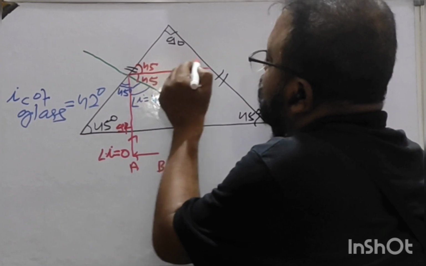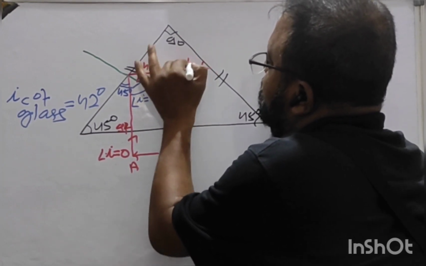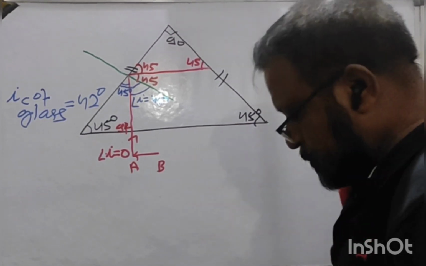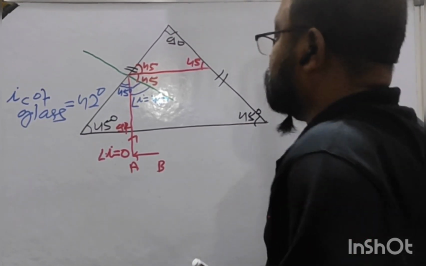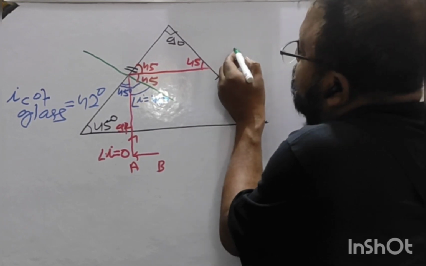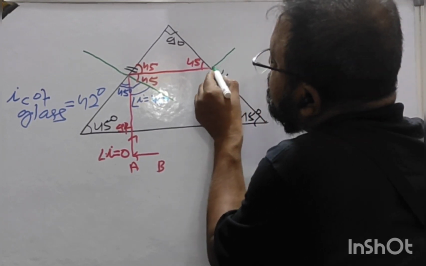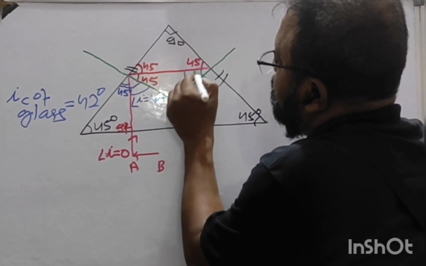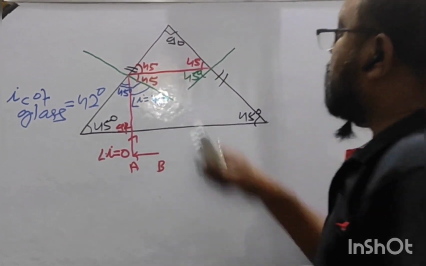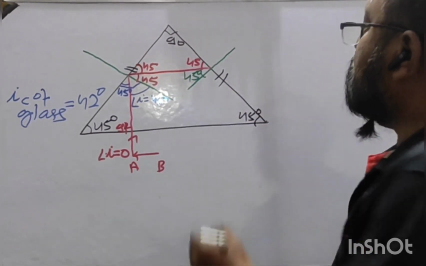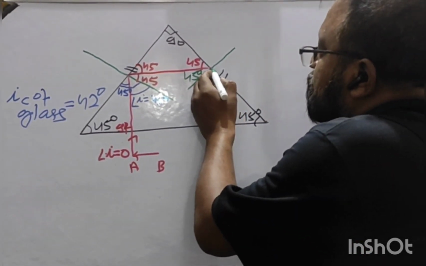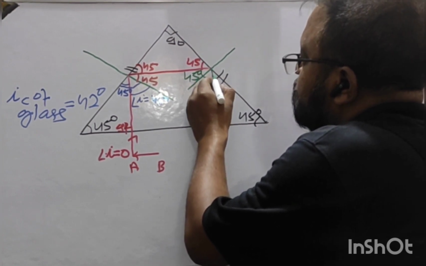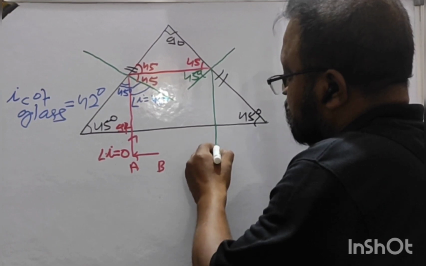Again, when you draw the normal of this surface, this angle will be 45 degree, again greater than the critical angle, so total internal reflection occurs, and it comes like this.